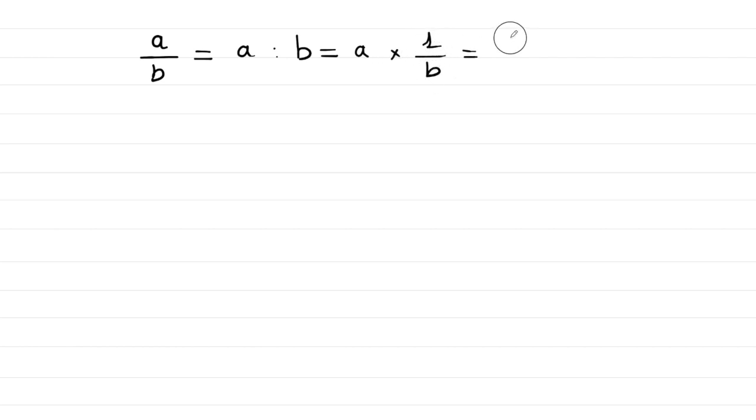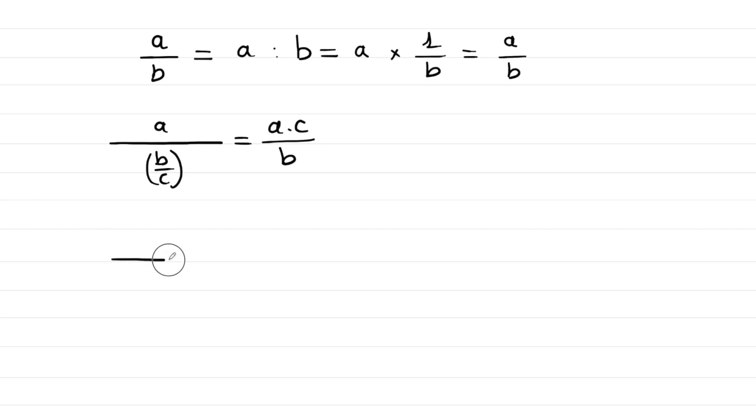Yeah, this is very easy. But how about a fraction of a fraction? a divided by b over c equals a times c divided by b. And how about a over b divided by c? You have a divided by b times c.